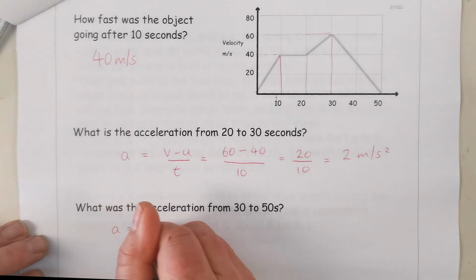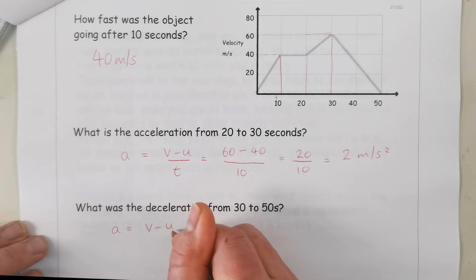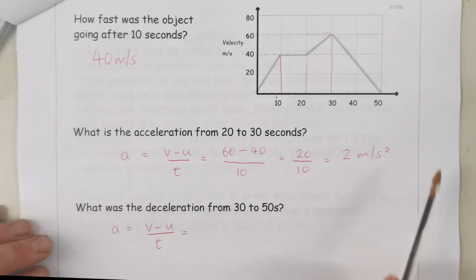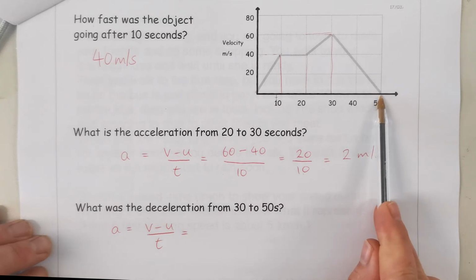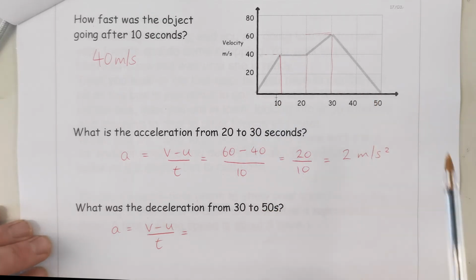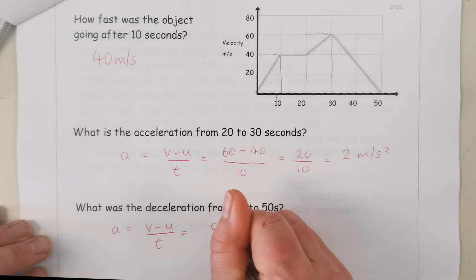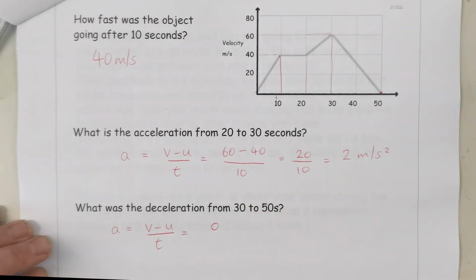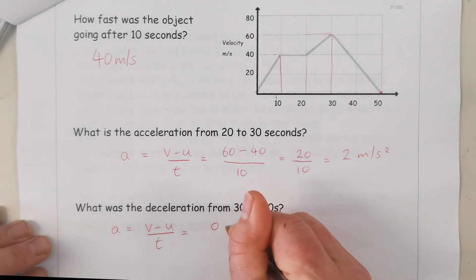What was the deceleration from 30 to 50? Same formula. A equals V minus U over T. Well, what was the final velocity? The final velocity at 50 seconds was 0. That's here. What was the initial velocity?